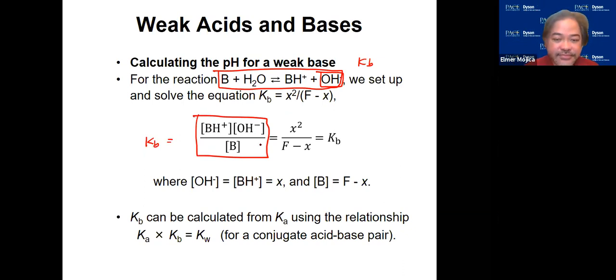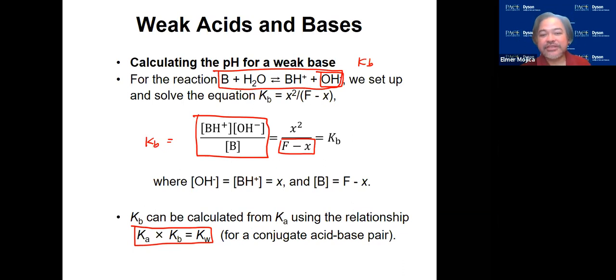But just like the Ka, we're going to put the concentration of your given species as F minus X, which is the initial concentration minus the amount that dissociates. And you can also calculate Kb, if you recall, by dividing Kw with Ka.